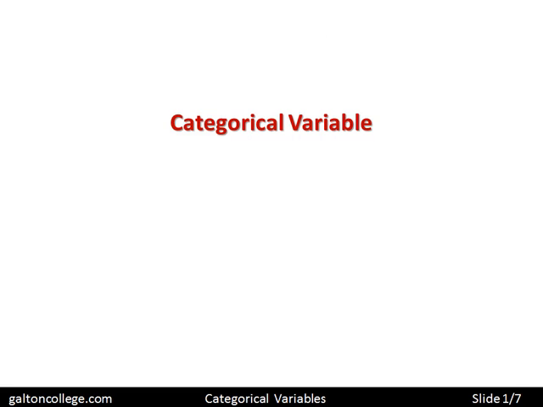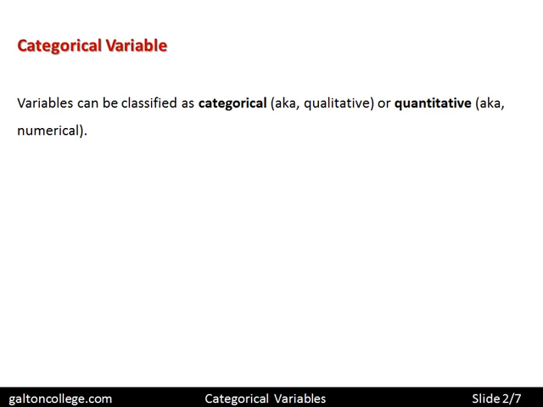So categorical variables. Variables can be classified as either categorical, in other words, qualitative, or quantitative, in other words, numerical. So we've got this dichotomous split between qualitative, categorical, and quantitative, numerical.